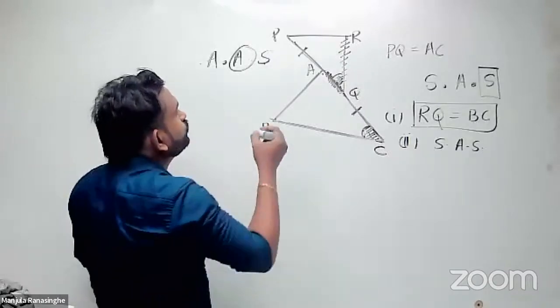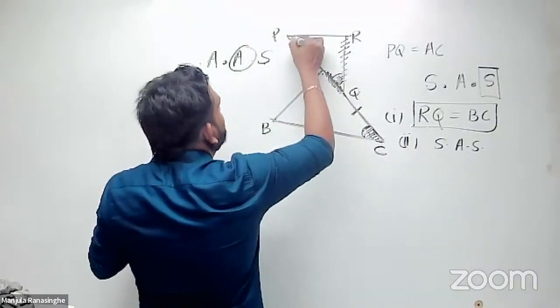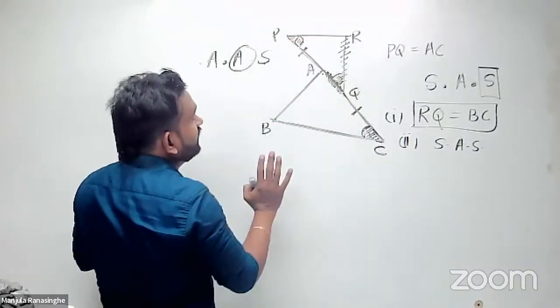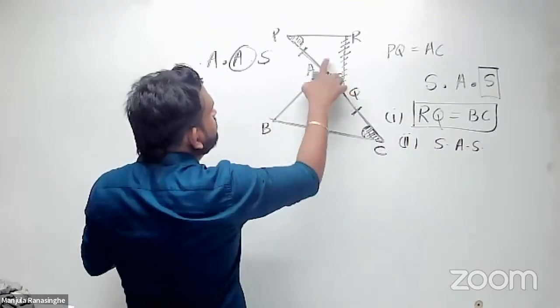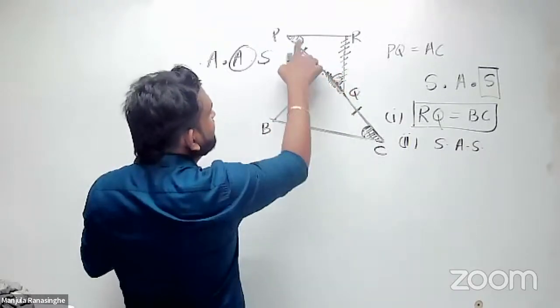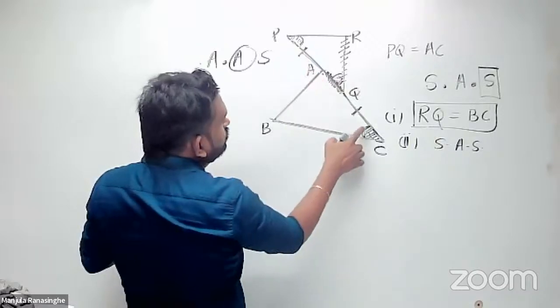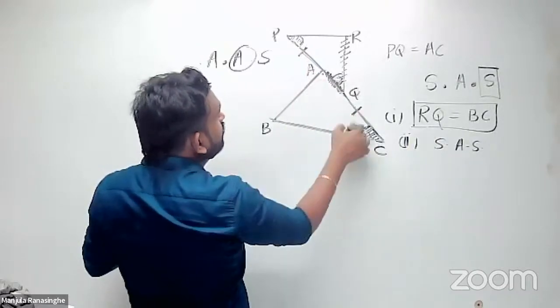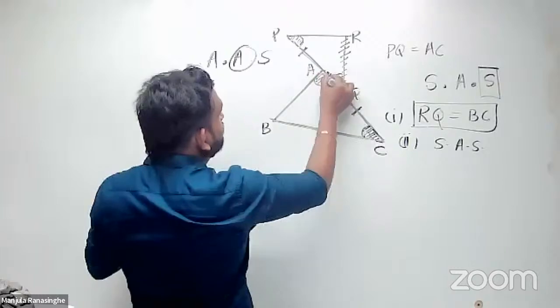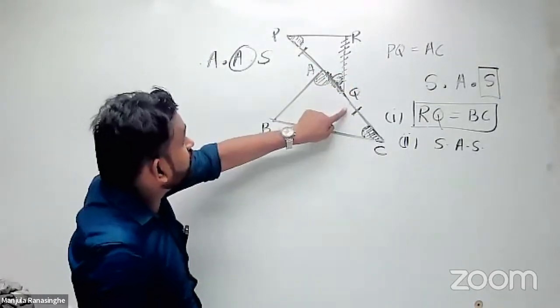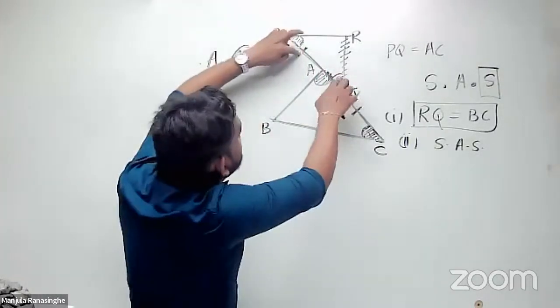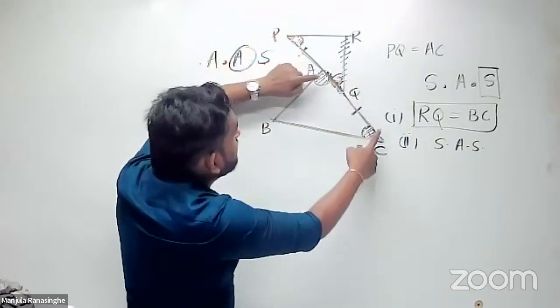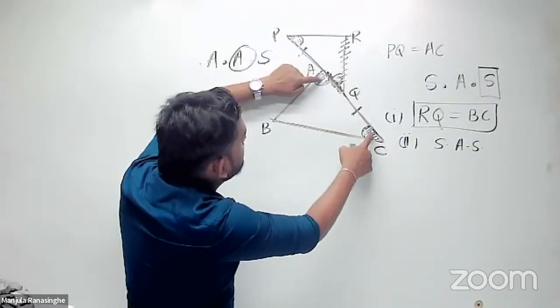So now you can choose this angle, and between these two angles the side lies. So you can make this angle equal. Then the side is corresponding: here the side is between these two equal angles, and here the side is also between these equal angles.